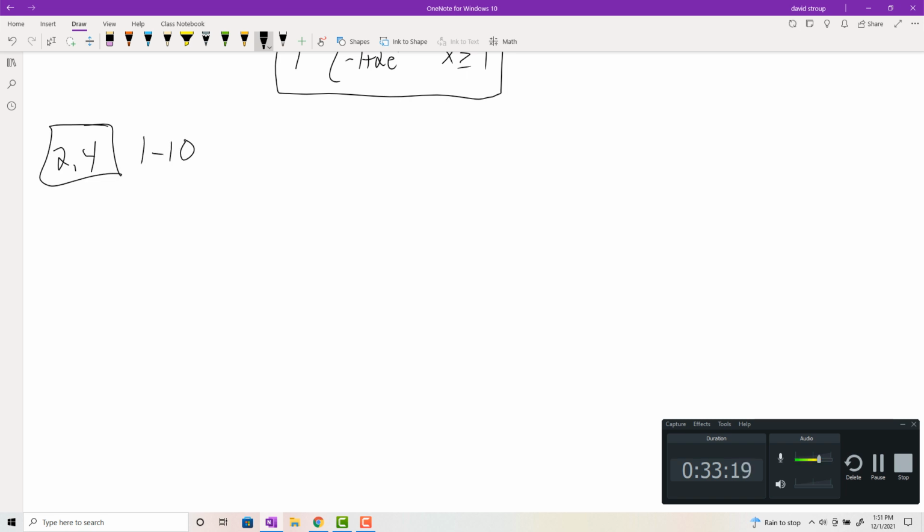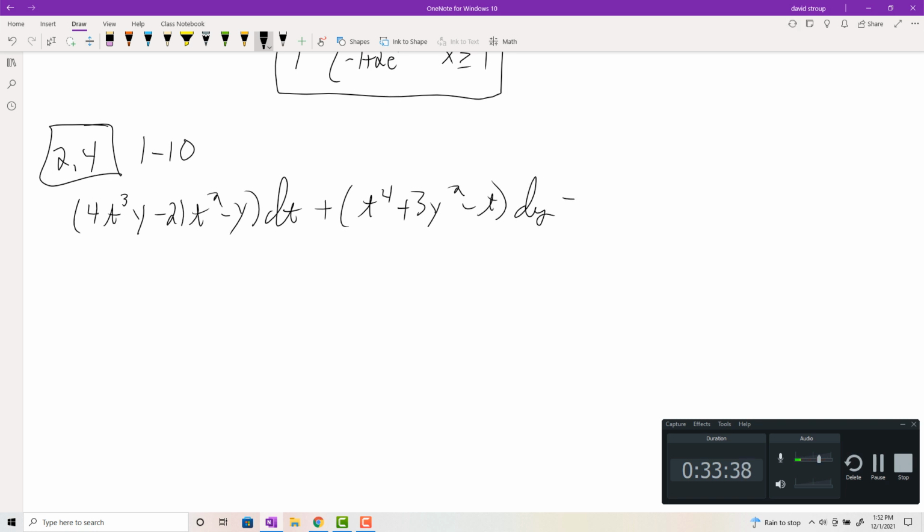So problems like 1 to 10 in WebAssign are always set up in this differential form. So you have (4t cubed y minus 21t squared minus y) dt, plus (t to the 4th plus 3y squared minus t) dy equals 0.